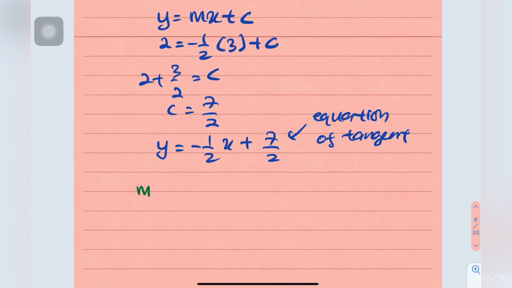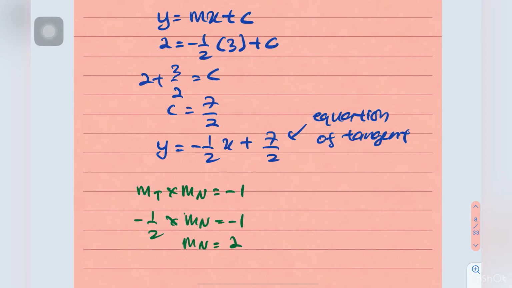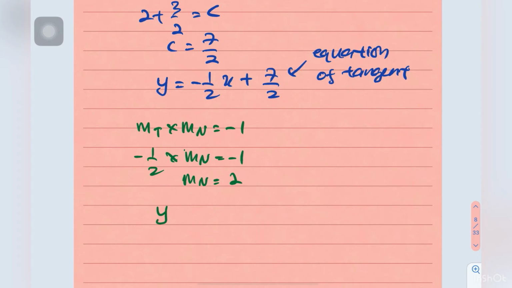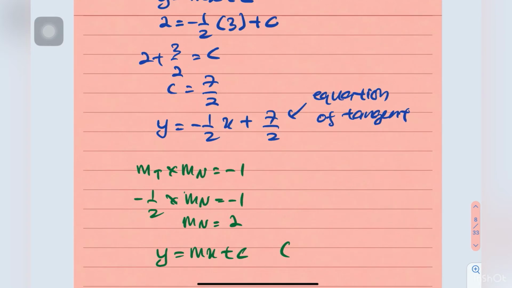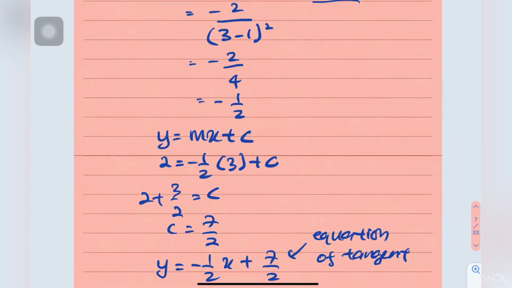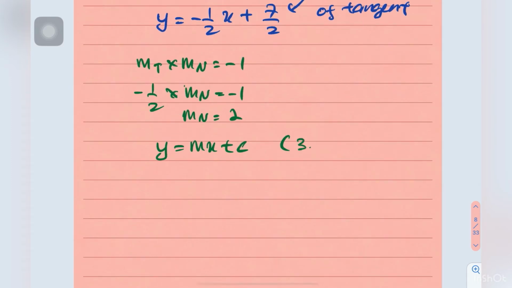Okay, to find the equation of normal, you have to find the gradient of normal. So for gradient of normal, we have the formula gradient of tangent times gradient of normal is -1. Tangent just now is -1 over 2. So gradient of normal is 2. Okay, so substitute into y equals mx plus c. The coordinate just now is 3, 2, so x and y, y is 2, m is 2, x is 3 plus c.